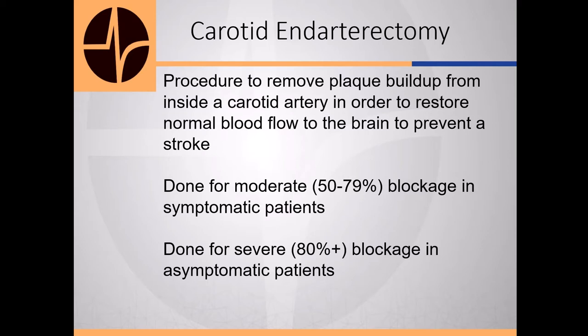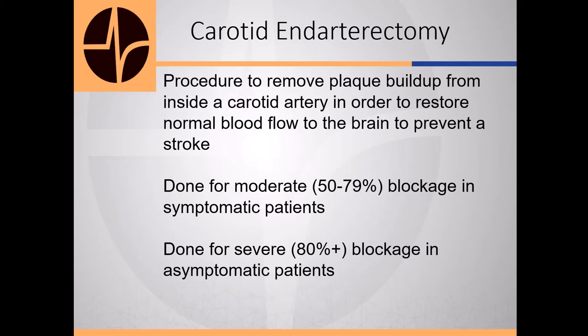Does anybody only have a carotid occlusion on one side? No. When the patient's having issues, they will do some scans and see that one side might be 70% blocked and one might be 90% blocked.